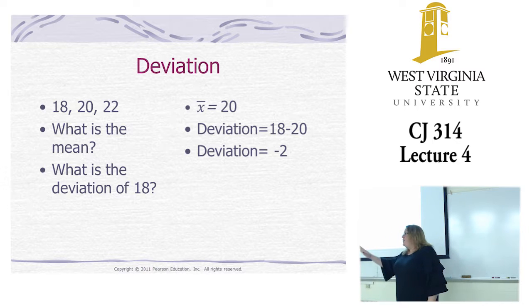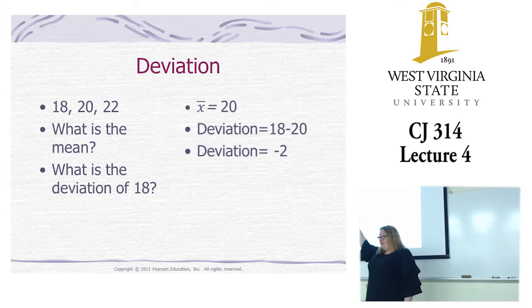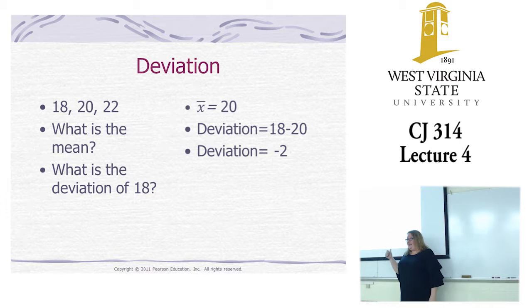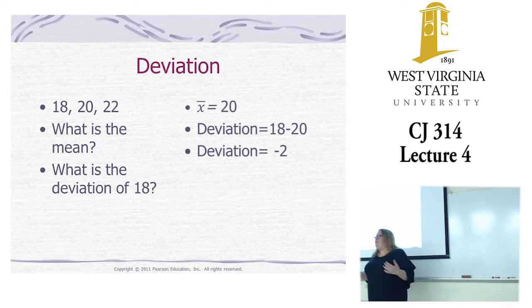So what's the deviation of 20 in this data set? 20 is the raw score I asked you about, minus the mean, which is 20. So what's the deviation? 0. What's the deviation of 22? 22 is now the raw score that I'm asking you about. Raw score minus mean.